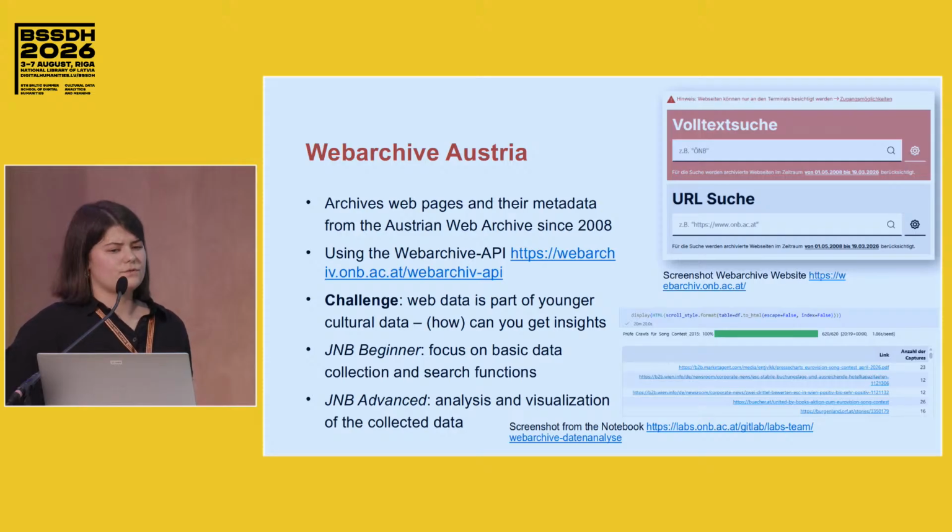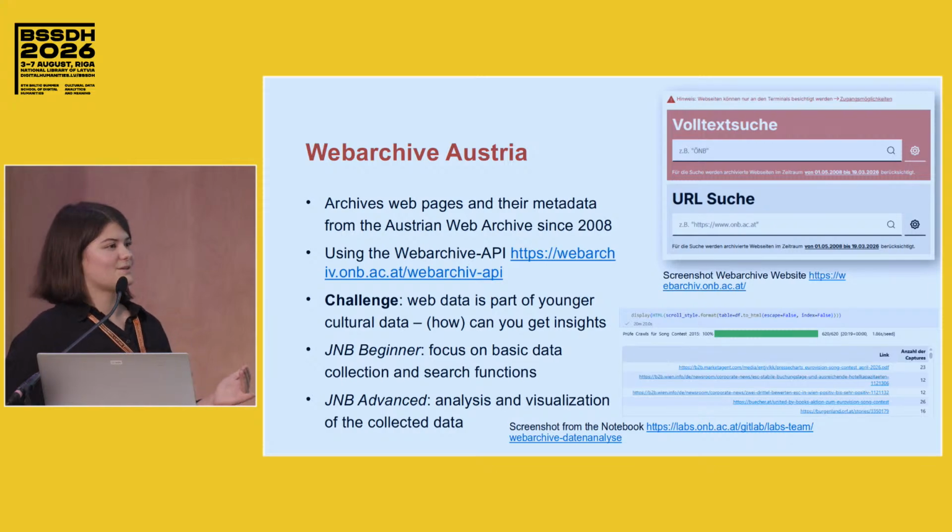They have done this since 2008, and there are almost 6 billion items, and they take, I have the number, 327 terabytes of storage, so a lot of data. The web archive also has a website where you can search, but they also have a programming interface.